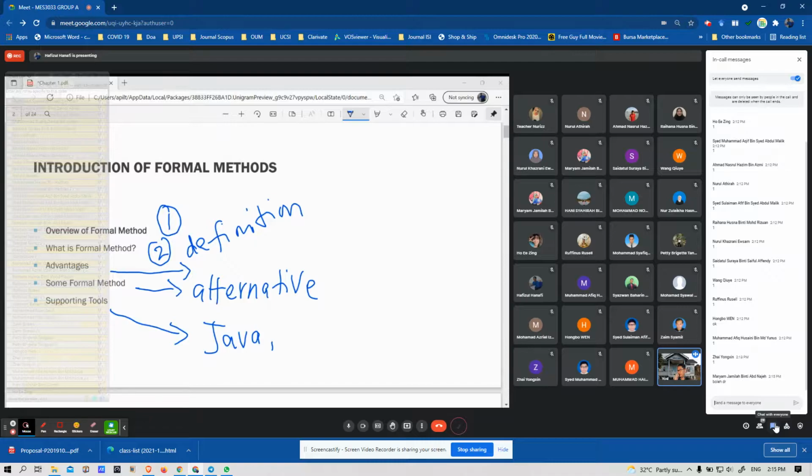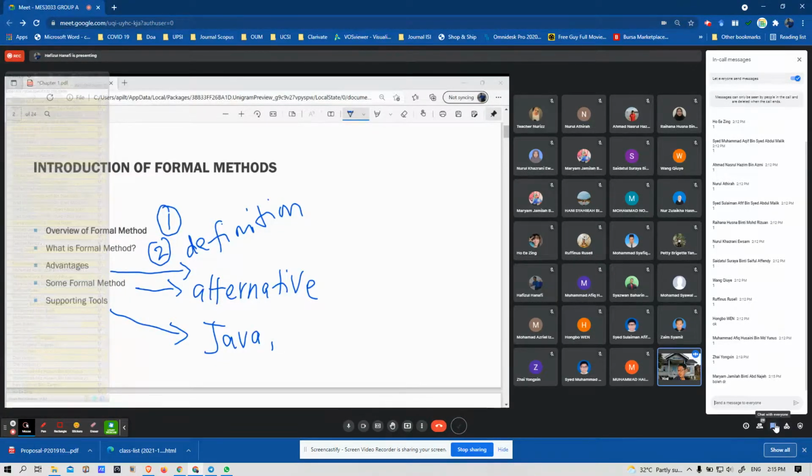Okay, for formal methods tools, we have several tools for formal verification. For example, we have equivalency checking, assertion-based verification, and formal applications.